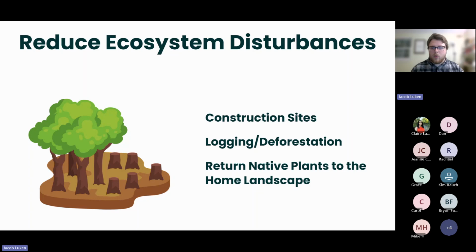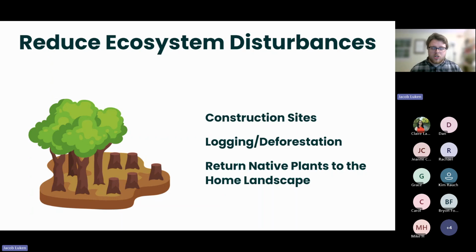Every amount of stress that we put into the environment weakens its ability to recover a little bit. Our planet is very, very resilient and can withstand a lot of pressure, but just like anything else, it breaks under too much stress. So this is in the form of deforestation and construction sites, and even pollution, intentional introduction of invasive species.